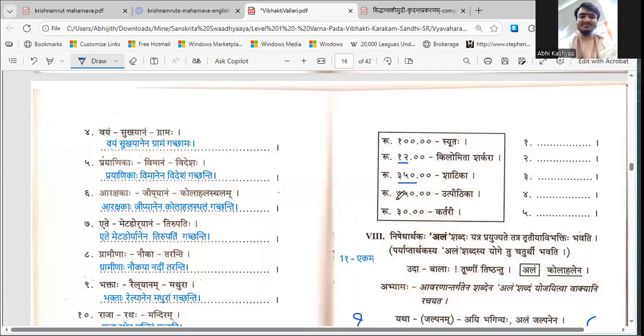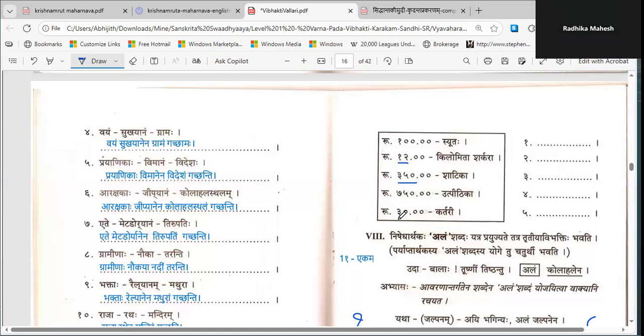So 750. सप्तशतरूप्यकैः. उत्पीठिकाम्, द्वितीया विभक्ति. Okay. अहं सार्धसप्तशतरूप्यकैः एतत् उत्पीठिकां क्रीतवान्.